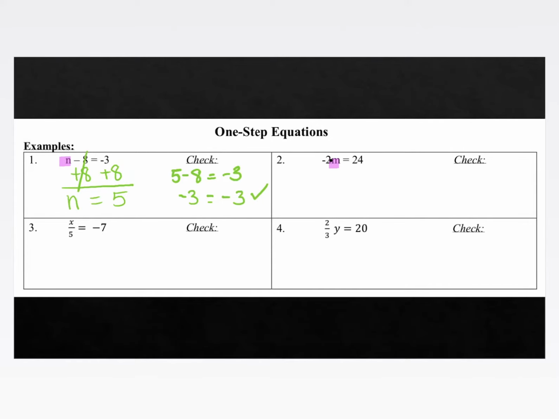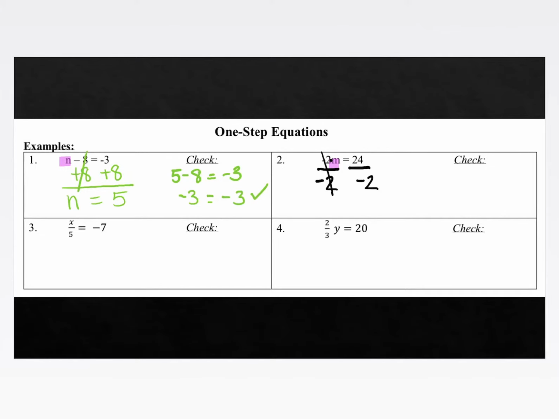So anyway, we have negative 2 times m equals 24. Since we have multiplication here, the inverse of multiplication is division. So we're going to divide both sides by negative 2 so we can get m alone. On the left-hand side, we have negative 2m divided by negative 2. Here it cancels, but this doesn't give us 0.